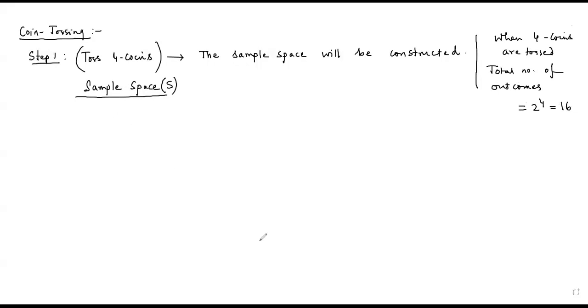It is only a matter of time that we tabulate all the 16 outcomes, and we shouldn't lose anyone. So let us do it one after another. My first outcome, I will do in a specific way. First of all, you see that I am writing all the outcomes as heads. Then I will make one particular head a tail.